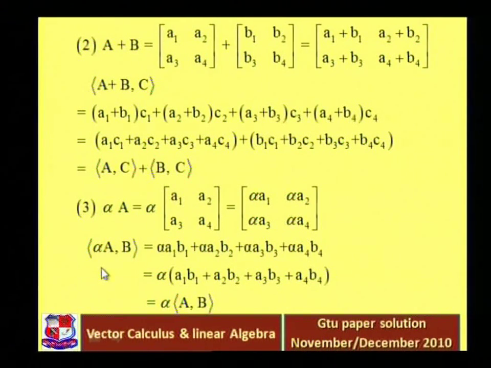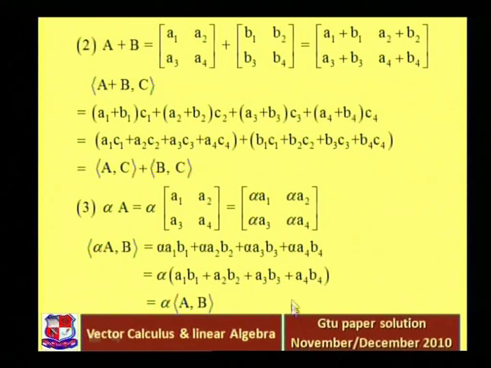Then inner product alpha A, B is equal to alpha A1 B1 plus alpha A2 B2 plus alpha A3 B3 plus alpha A4 B4, that is equal to alpha into A1 B1 plus A2 B2 plus A3 B3 plus A4 B4, that is equal to alpha into inner product AB. So we proved that inner product alpha A, B is equal to alpha times inner product AB.